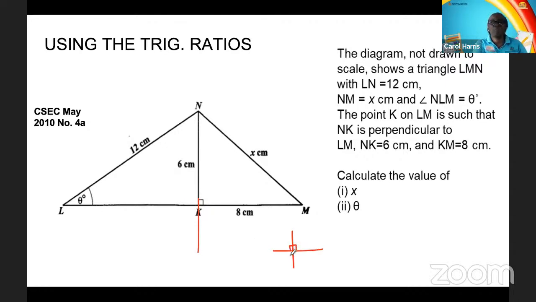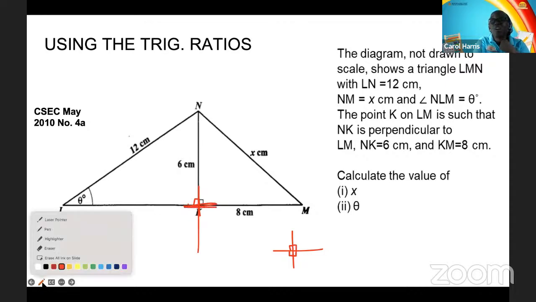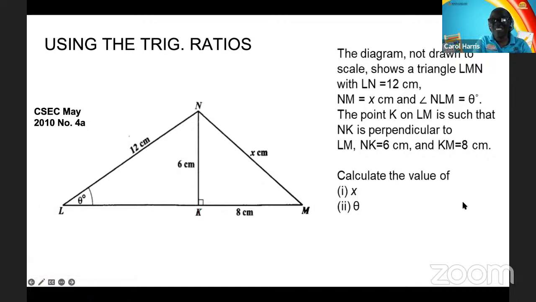Sir has it on the screen as well. So when a vertical line meets a horizontal line, it forms a right angle, which is why in your question they tell you a vertical pole standing on horizontal ground. When they use the terms vertical and horizontal, it tells you that the two things meet at 90 degrees.